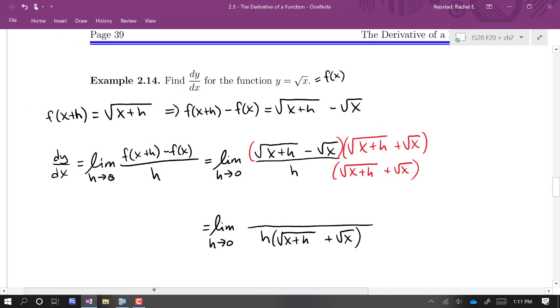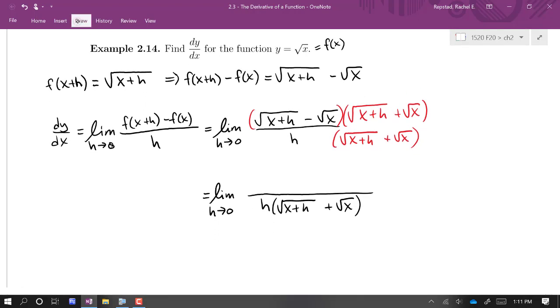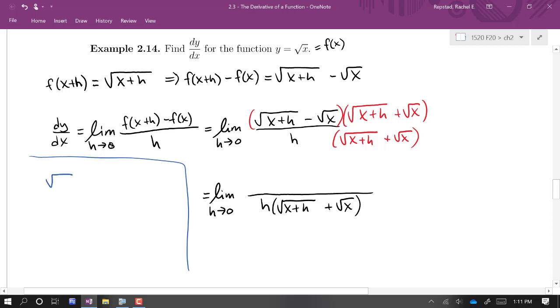So I'm going to do some of this work over here. Let me block out some space. I want to find that product. I've got root x plus h minus root x, and I'm going to multiply that by root x plus h plus root x.